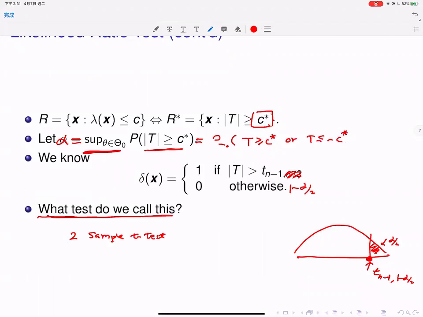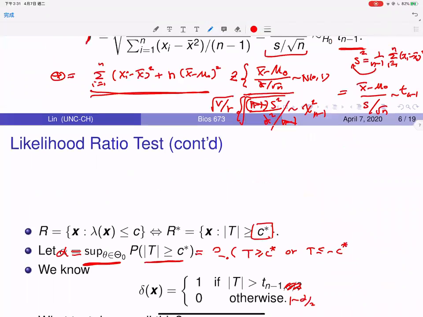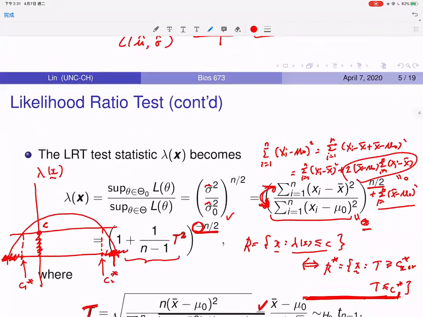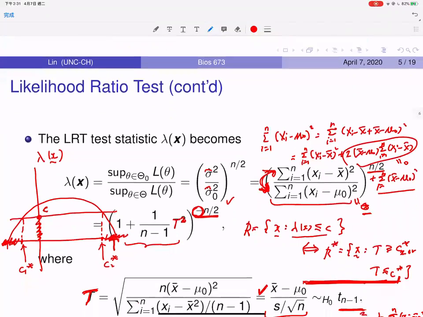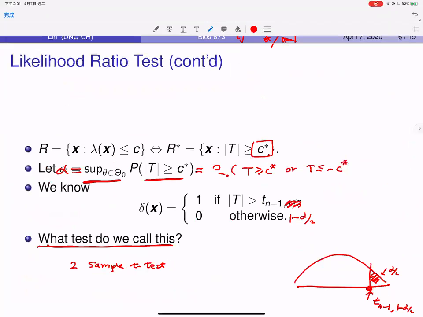Okay, so what I meant to say is this: what I keep saying is that LRT is a general approach to finding a test. Using LRT, you could find a lot of tests based on a more intuitive approach, but you do have a solid background to back up that intuitive approach. It means LRT could be used in any situation as long as your likelihood function can be evaluated.